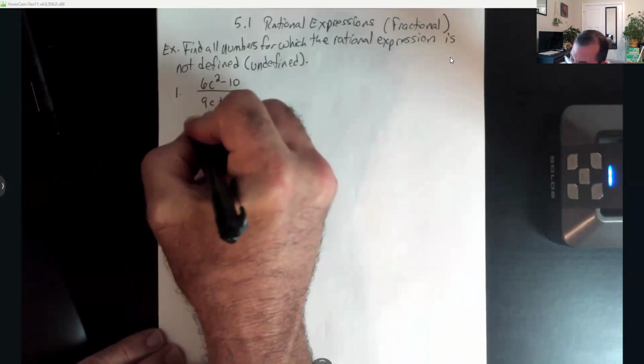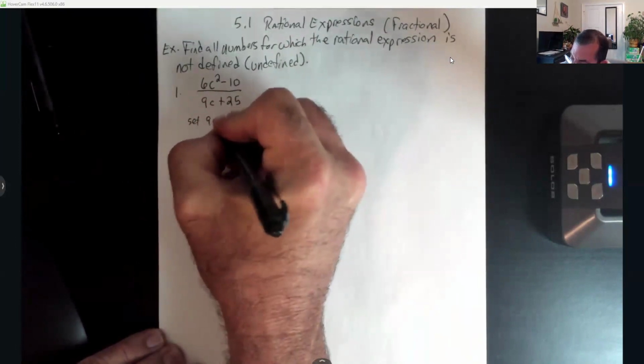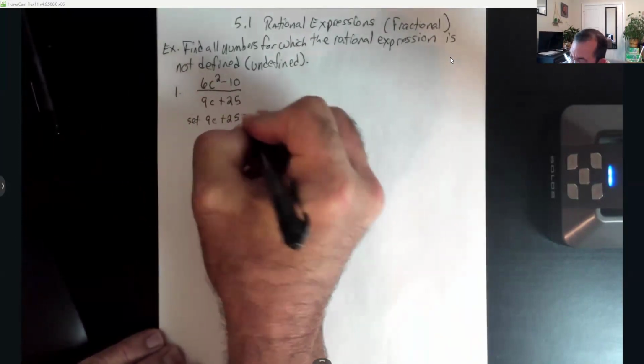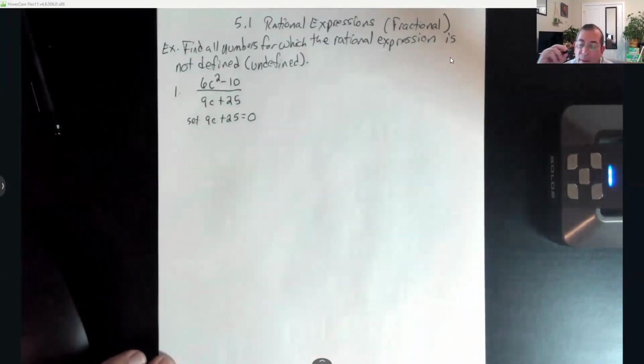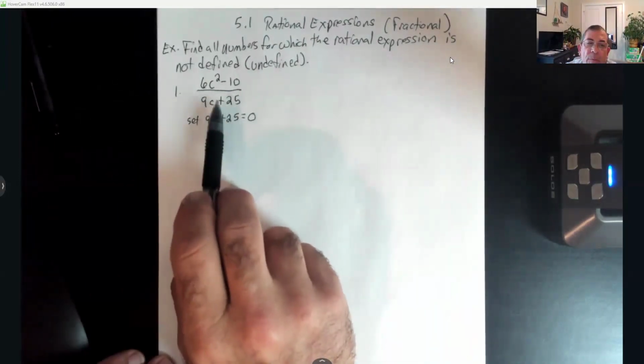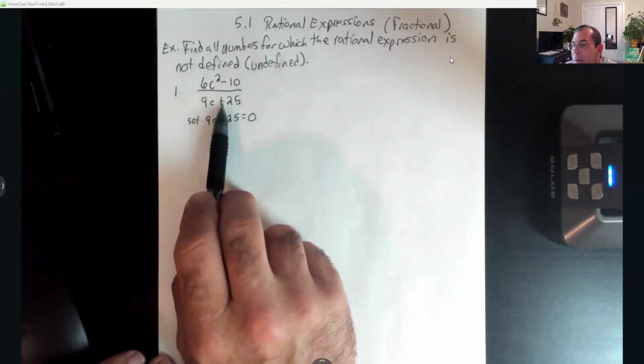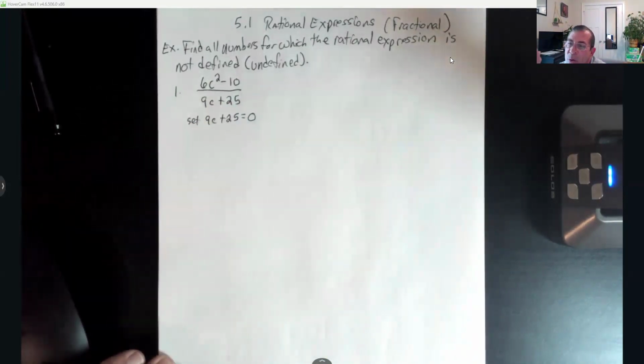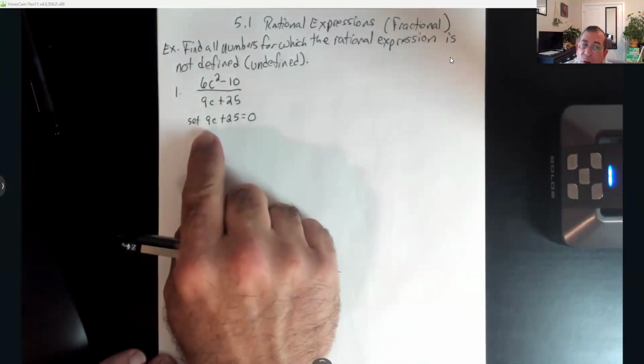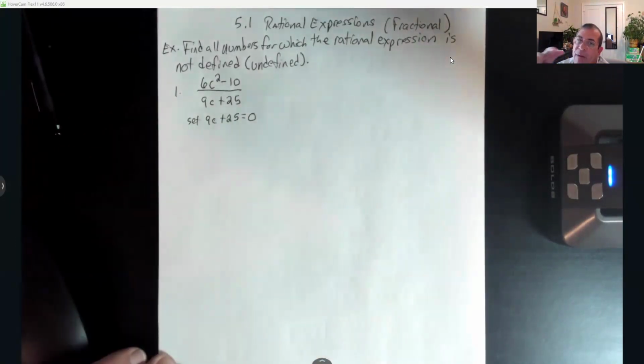We're going to set 9c plus 25 equal to 0. Because remember, the only thing we're concerned about is the bottom of the fraction cannot equal 0. So now by solving for c, we can find any values that would actually make it undefined, okay?